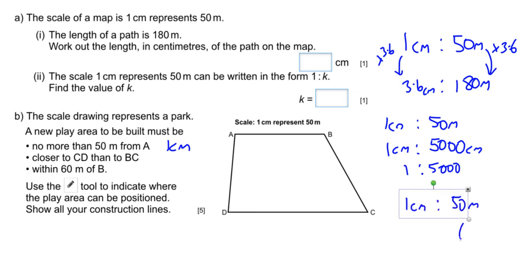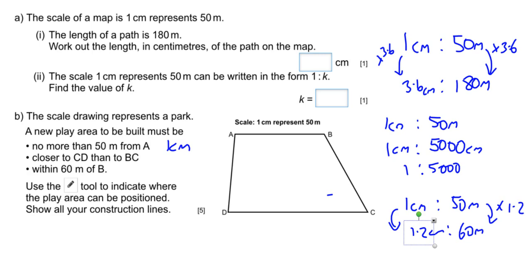I want to turn it into 60 meters. What do I want to multiply by or divide by, as the case may be? So let's say 60 divided by 50 is going to be 1.2 times more.